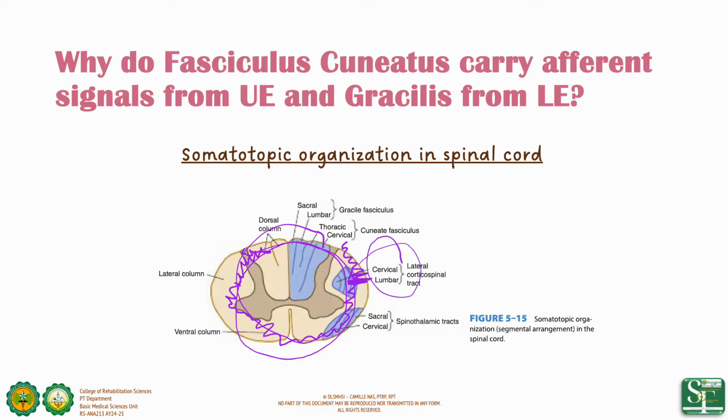Yan, cervical and lumbar. While, papuntang inner portion, palitan ko yung color ko. Ayan, mas malapit na sa center, ito na yung cervical region ng body natin. And then, yung pinakamalapit sa gitna or the most medial portion is sacral and lumbar.